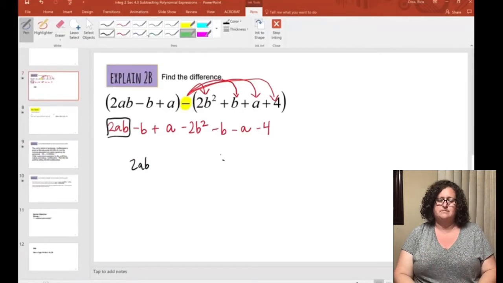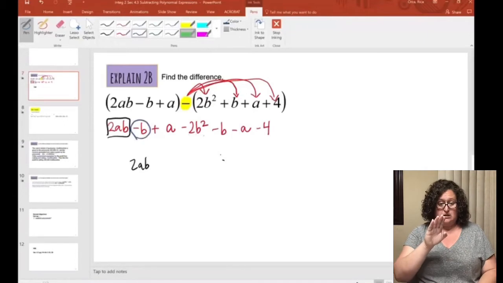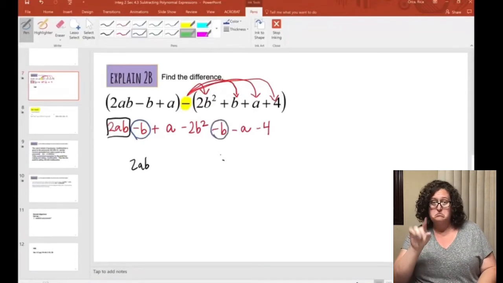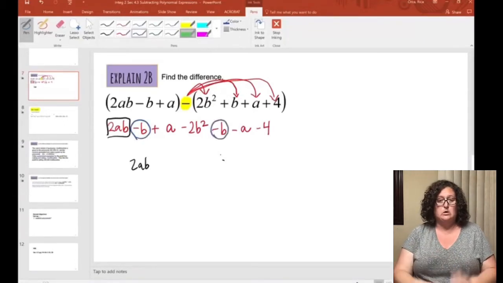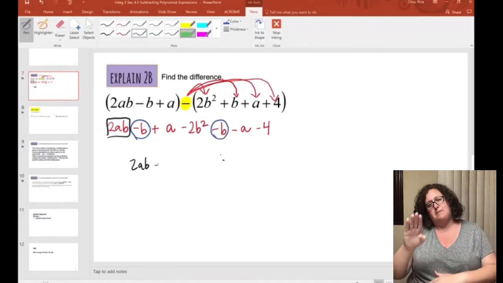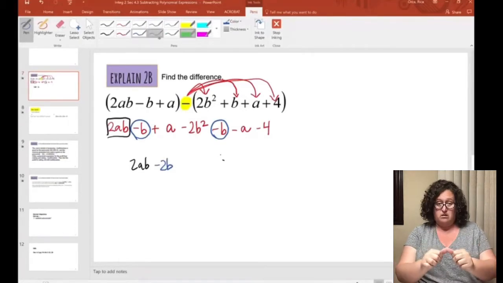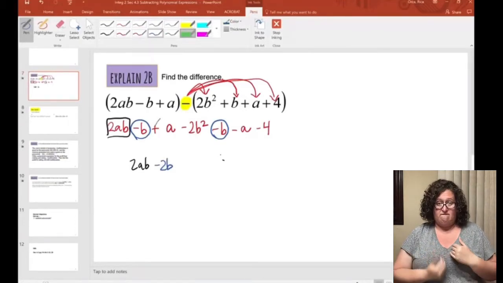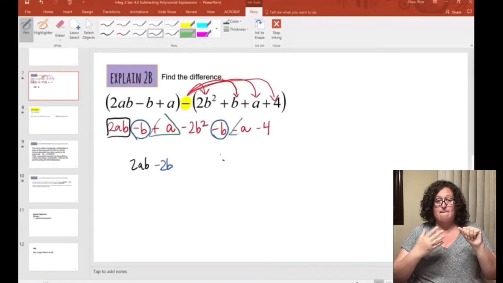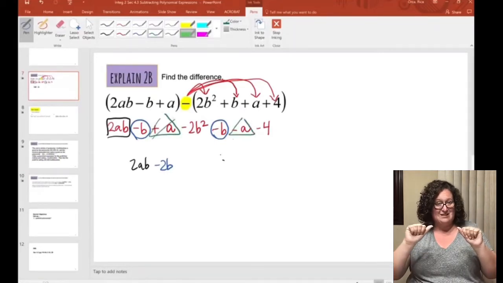Let's move on to the next set. That's negative b, and here's another negative b. Negative b minus b is negative 2b. Moving on, we have a minus a. A minus a is 0.